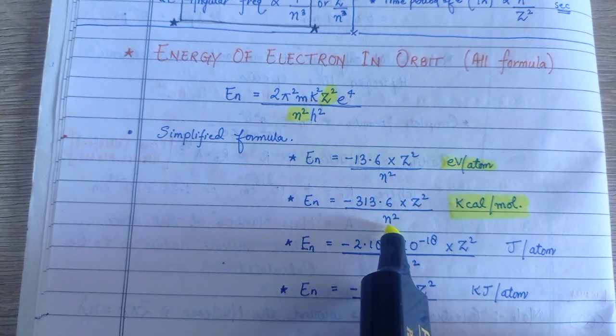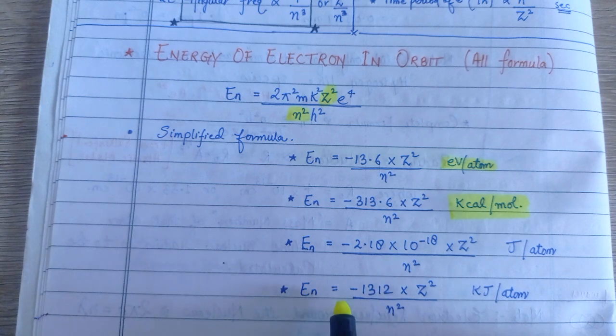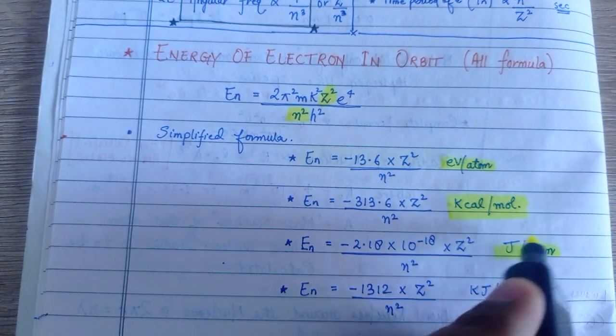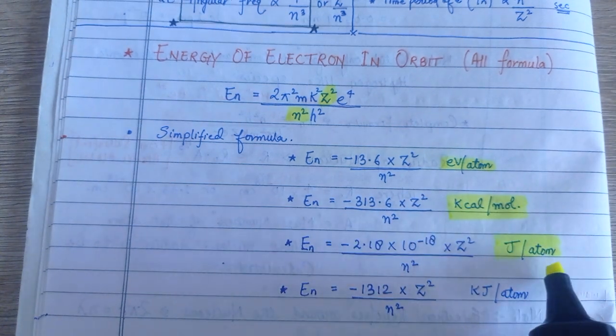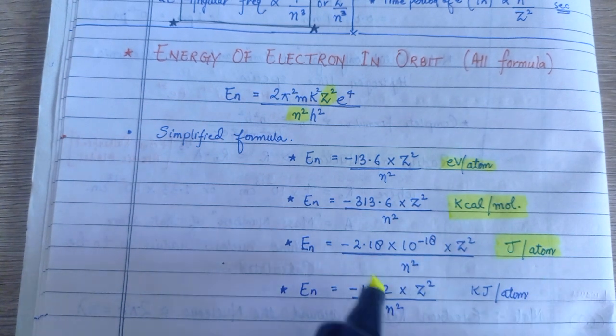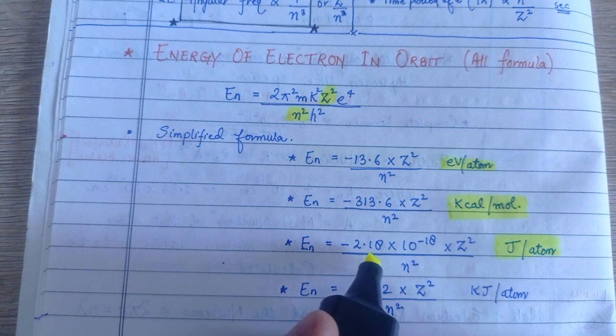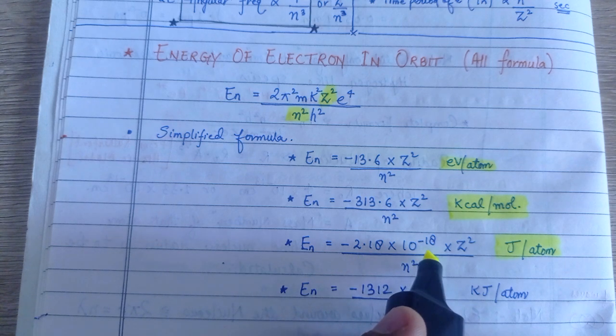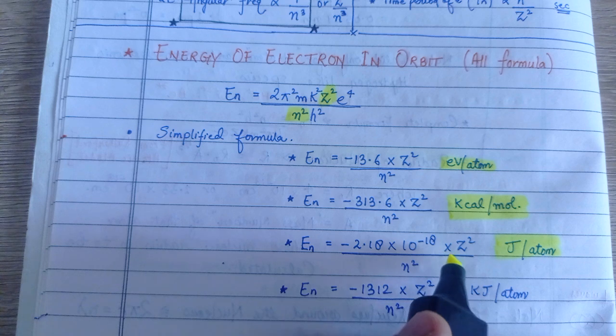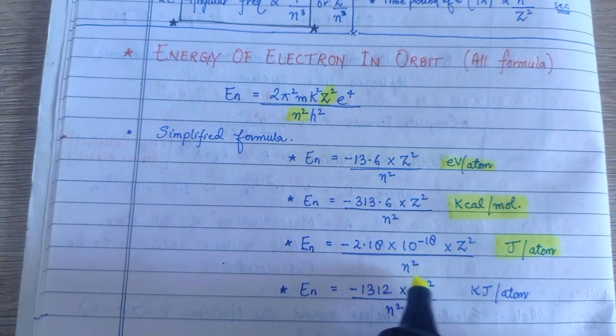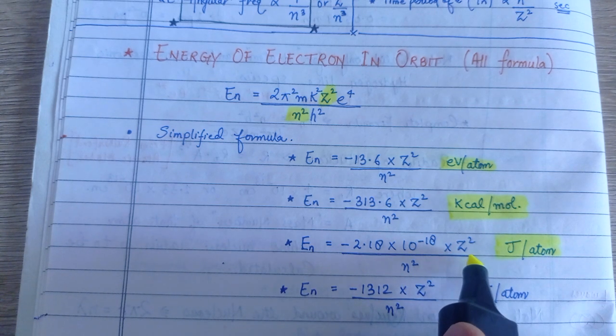Take a screenshot of all these important formulas. And if you have to calculate the energy of electron in an orbit in joule per atom, then you have to use minus 2.18 into 10 to the power minus 18 z square upon n square. You can replace z by 1 if you are using the hydrogen atom, and if you are using hydrogen-like species, then you put the atomic number of that species.